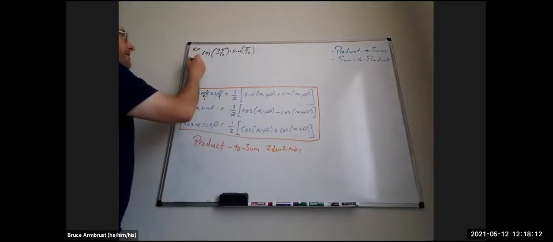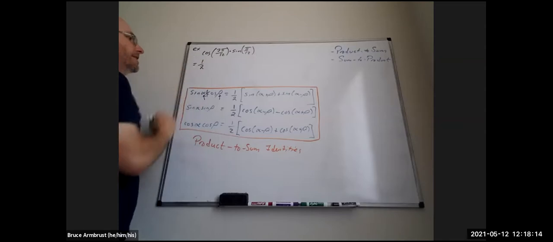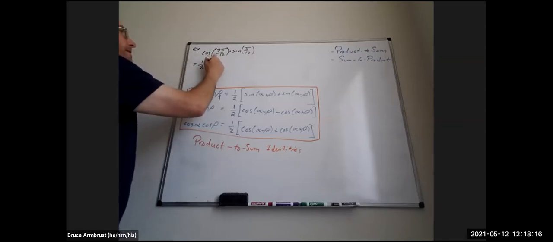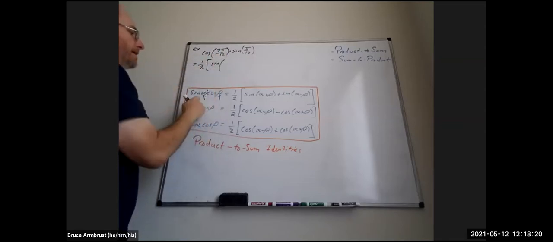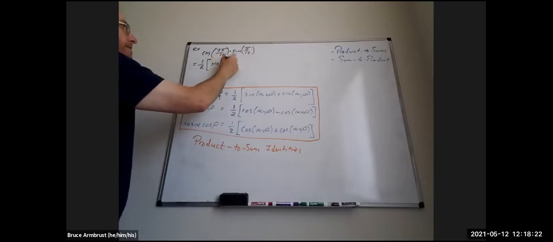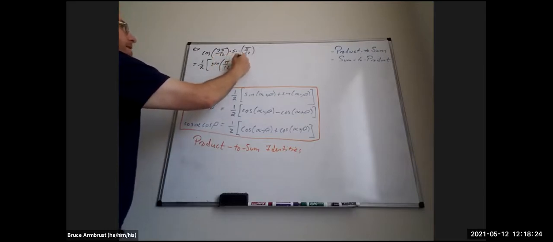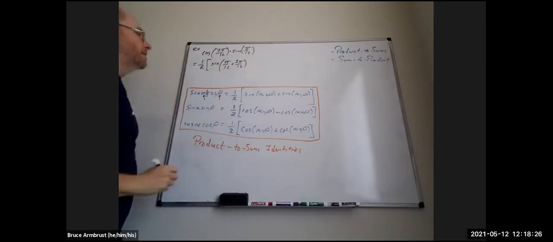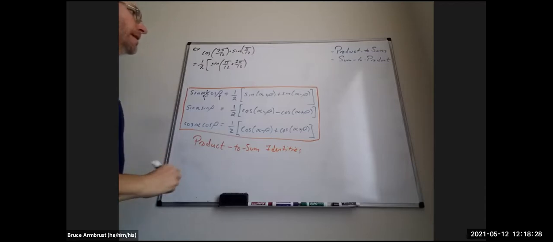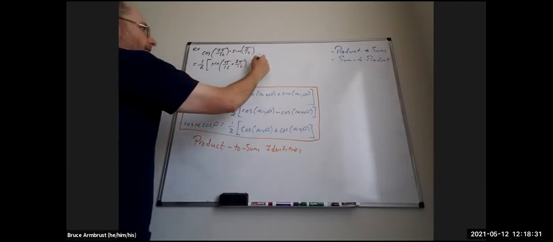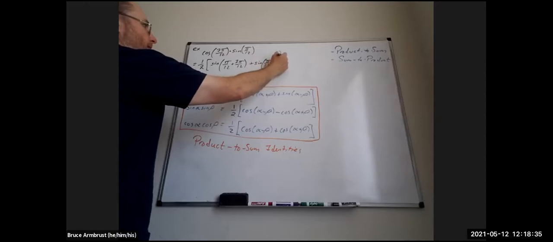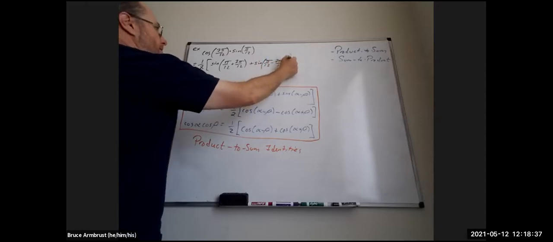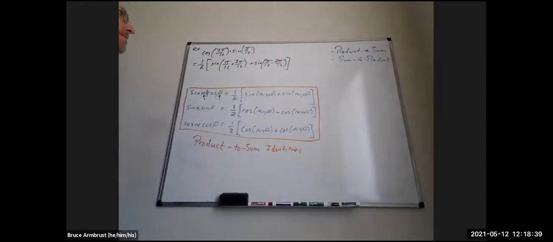All right, well, if we use this identity, that's going to give us 1/2 times the sine of alpha plus beta. Alpha was my sine angle, so pi over 12, plus 7 pi over 12. And then we're going to add to that the sine of pi over 12 minus 7 pi over 12.